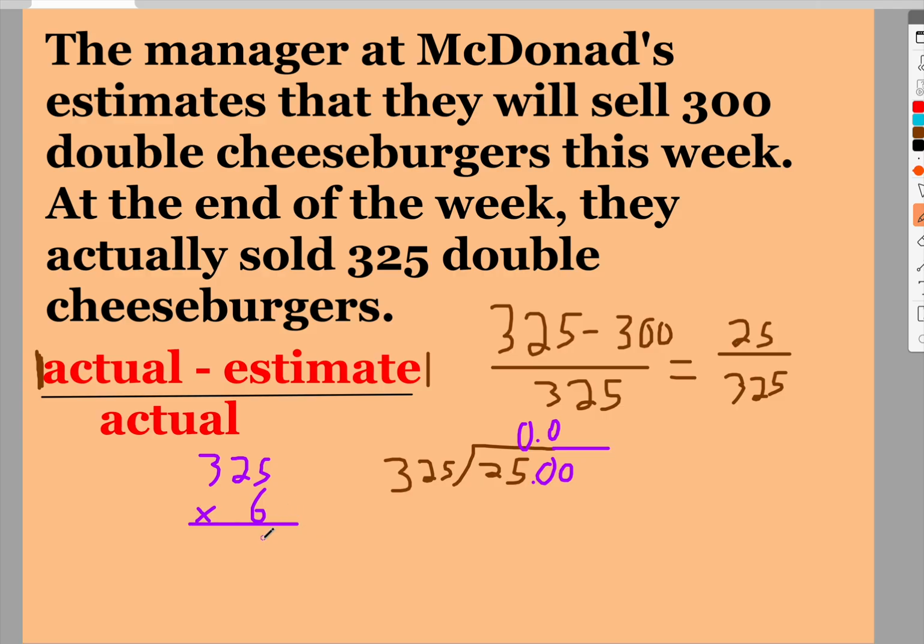Let's try that. 6 times 5 is 30. 6 times 2 is 12, plus 3 is 15. 6 times 3 is 18, plus 1 is 19. So I get 1950. I could still go a little bit more, maybe 2 more. So let's do 1950 and 325 times 2, that's easy, that would be 650.